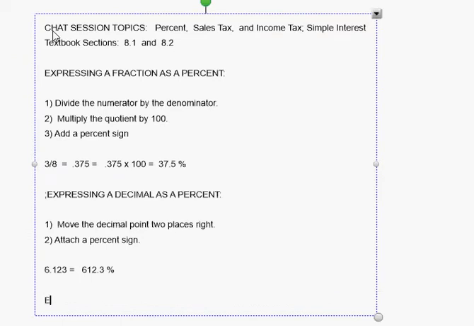Now, suppose we are expressing a percent as a decimal number. This is our next topic, continued on the next page.